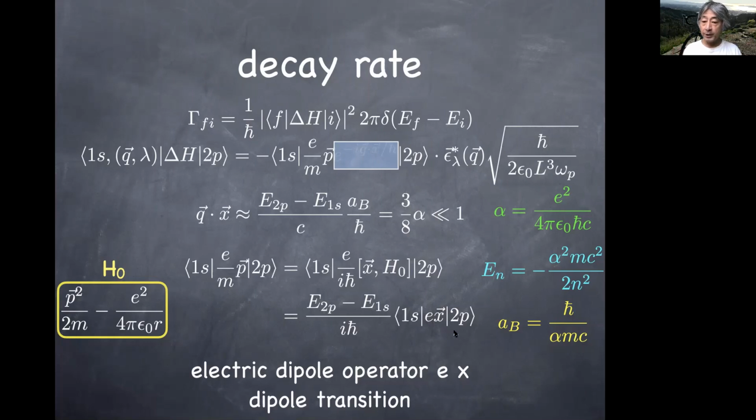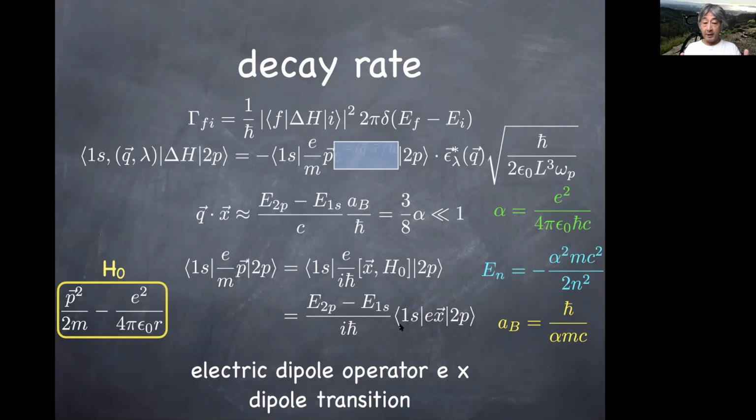You have this Coulomb potential, the hydrogen atom system, and you know the wave function of the 2p state and the 1s state in coordinate space, and ex is also an operator in coordinate space. So you just put these wave functions together, stick in ex in between, then do the position space integral to compute this matrix element.